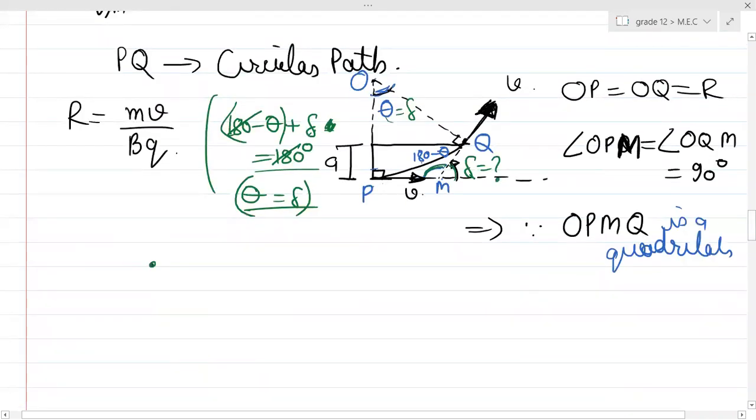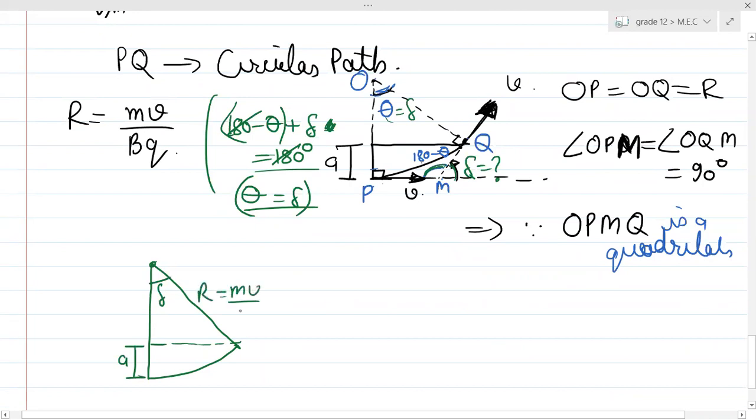So suppose now the question becomes something like this. Basically, they have given this much distance, a. This is theta, this is delta, and this is r, which is equal to mv by qB. Yes or no, guys? Now see over here. This whole distance is r. So what will be this distance?